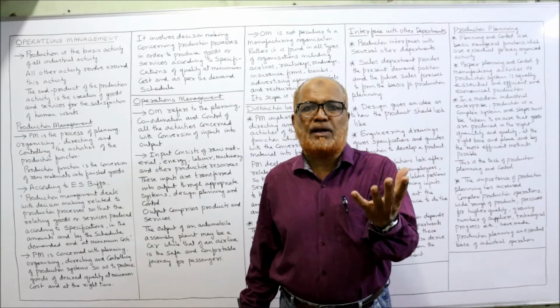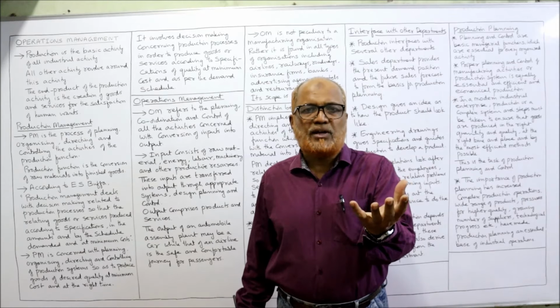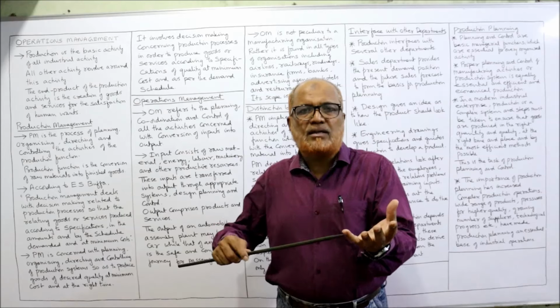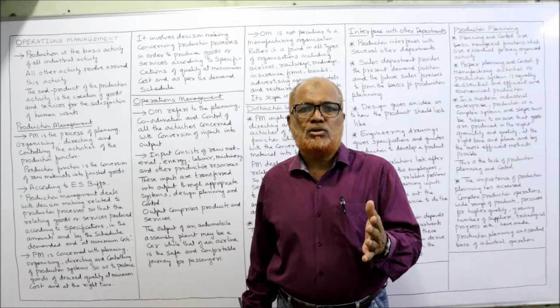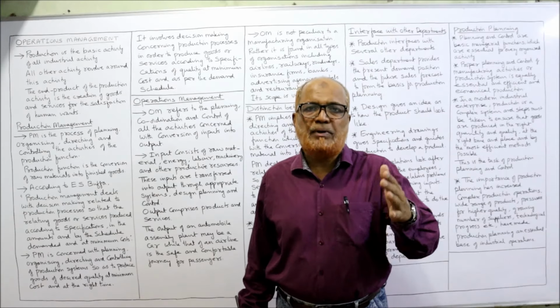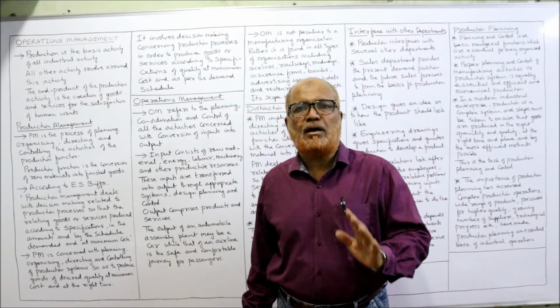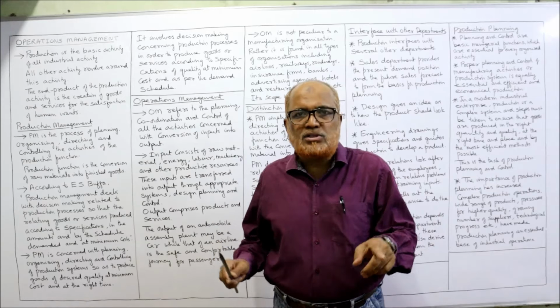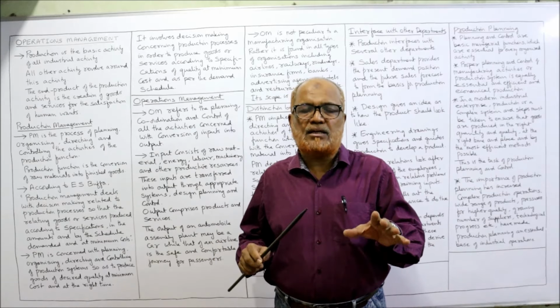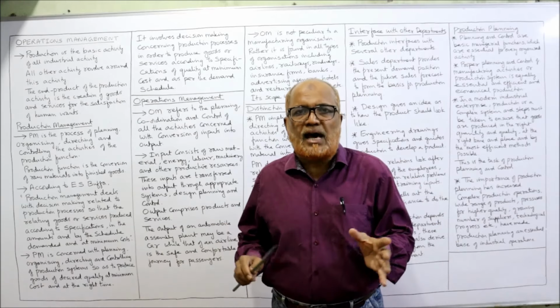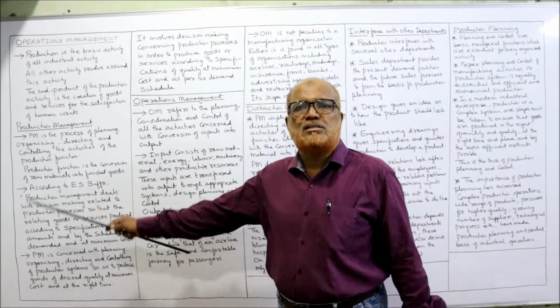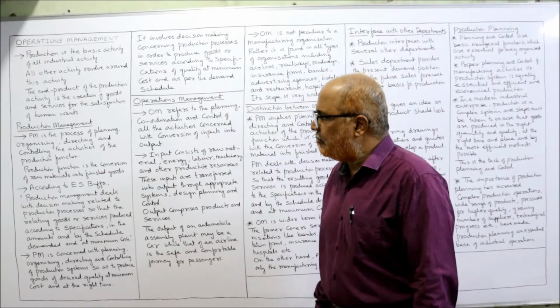One of the functions is the production function. In this production function, there are a number of activities. Those activities should be planned, organized, directed, and controlled. The whole process of planning, organizing, directing, and controlling, all these activities combined together, constitutes production management.